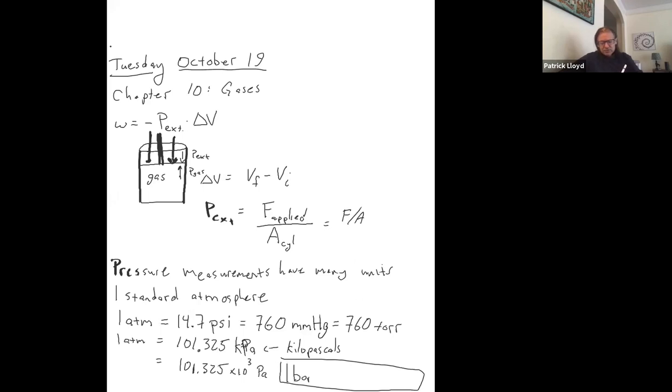You'll see this one too. 1 bar is equal to 100 kilopascals. All they did was round it off. They said, hey, 101.325 is not very convenient. It's so close to 100, it's tantalizing. So instead of using the atmosphere, let's have another unit called a bar, which is just 100 kPa, 100 kilopascals.